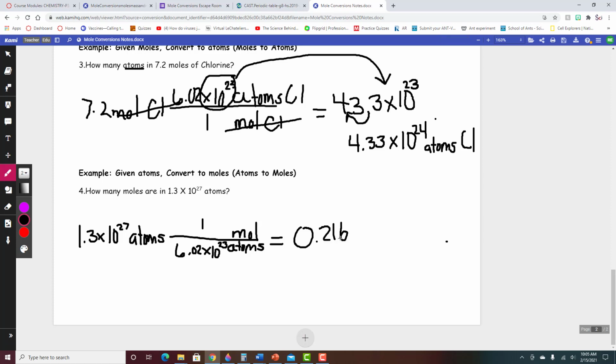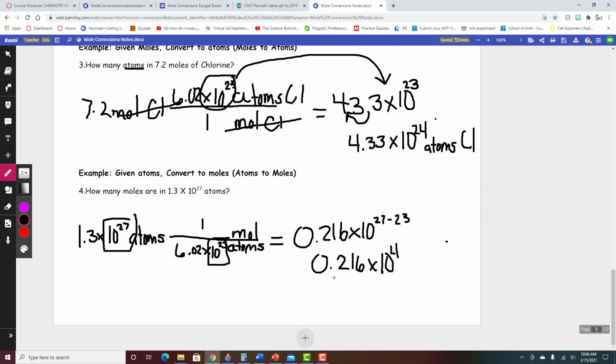But don't forget your exponents. So 10 to the 27th here and 10 to the 23rd here. And remember, you do top minus bottom. So this would be 27 minus 23. Okay, and so this would give me 0.216 times 10 to the 4th.